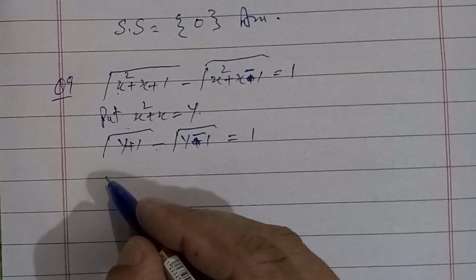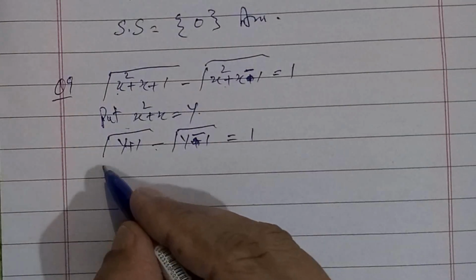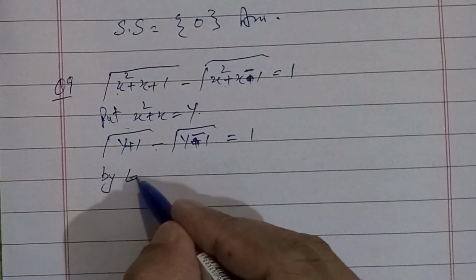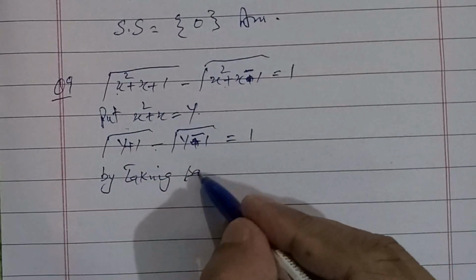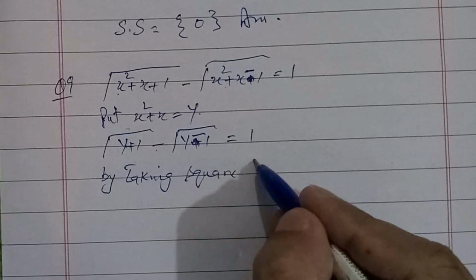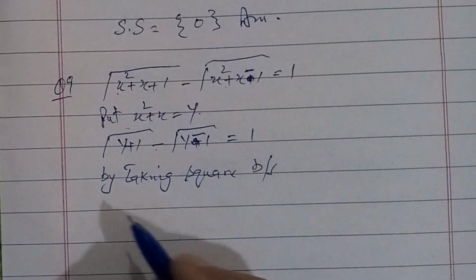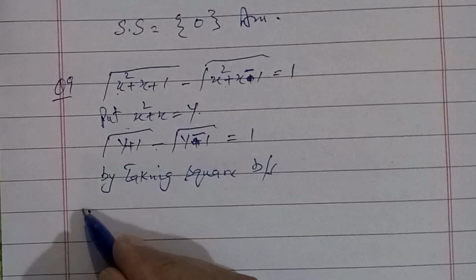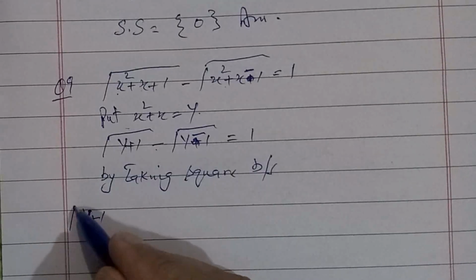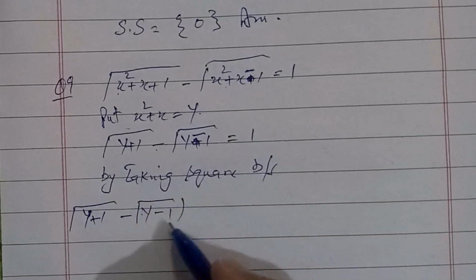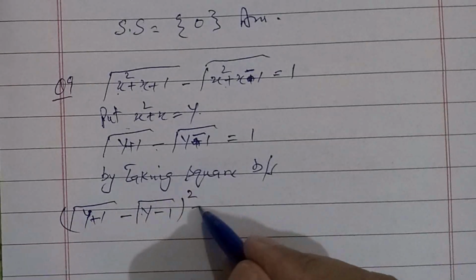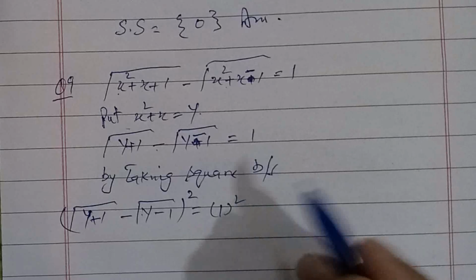Now we take square on both sides. We get (√(y + 1) − √(y − 1))² = 1².